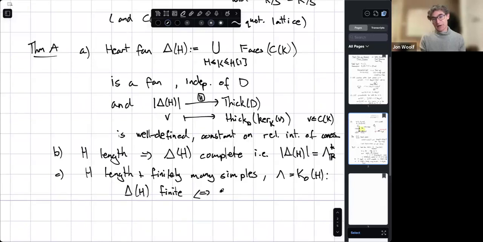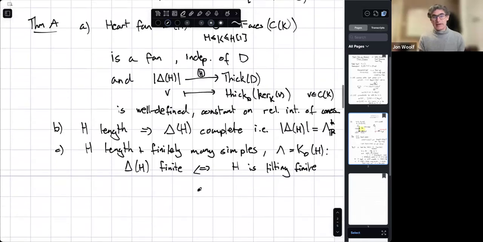And it's finite if and only if H is tilting finite, so there are actually only finitely many tilts. And that's the same as saying that every tilt is length.